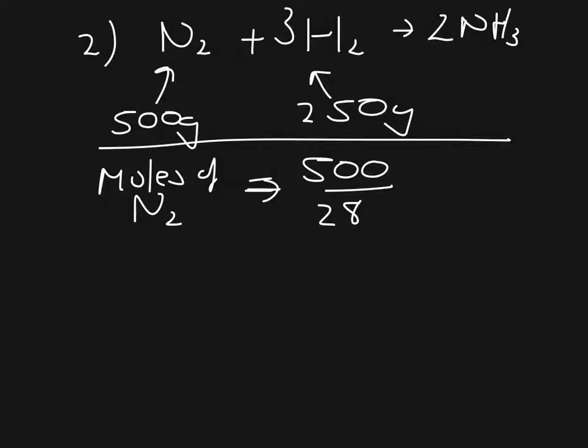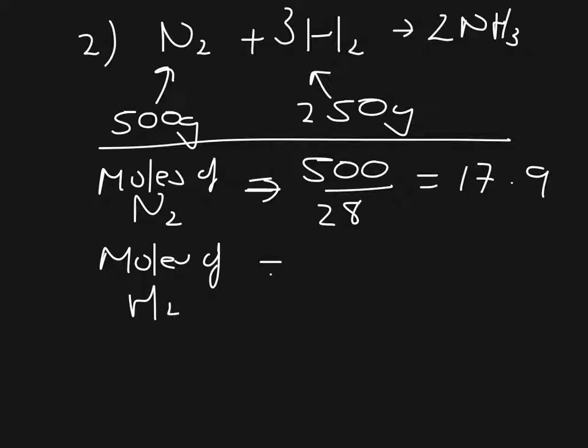So 500 divided by 28 gives me 17.9 moles. Okay, so let's do the same and work out the moles of H2. And that's going to equal 250 divided by 2, which gives me 125 moles.